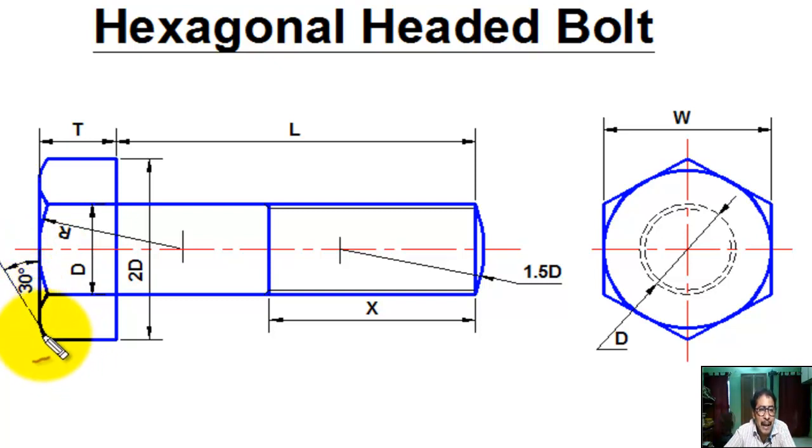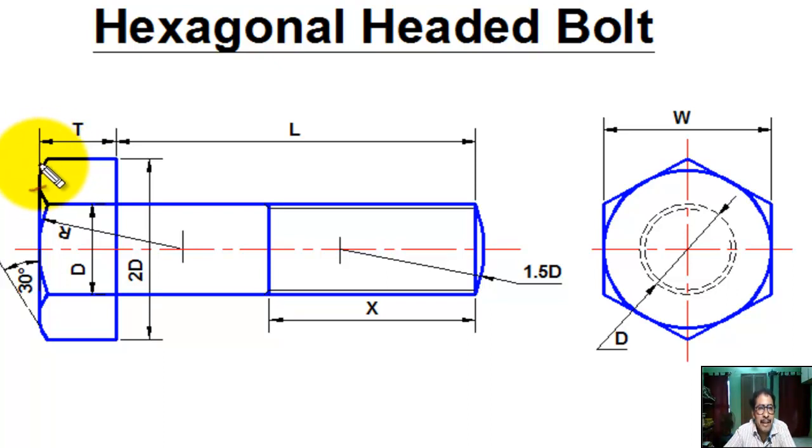A 30-degree chamfer is used both for safety of the worker and to prevent damage of this sharp edge. Due to maximum stress concentration, this sharp edge will be damaged.